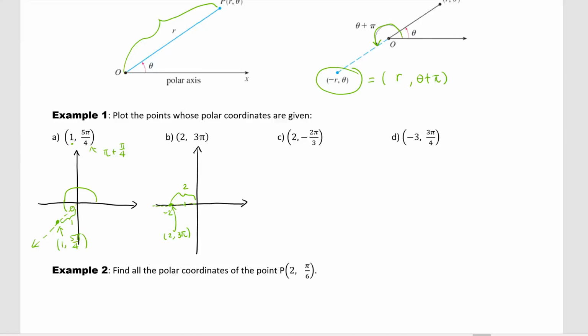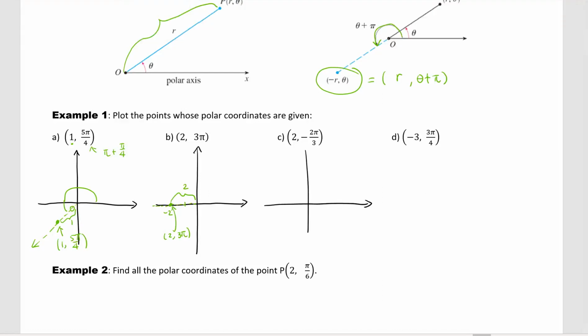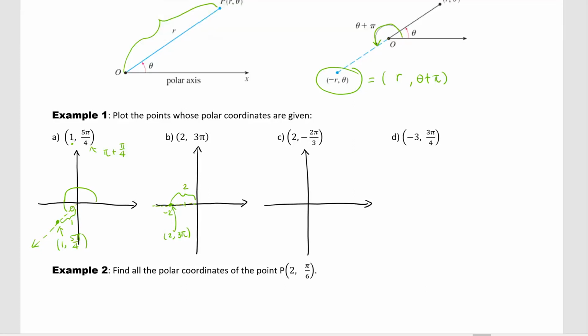Okay, and then next, part C. First of all, our angle is negative. Negative means you go clockwise instead of counterclockwise. So you go clockwise for 2 pi over 3. You know this is pi, and 2 pi over 3, you divide it into 3 pieces.